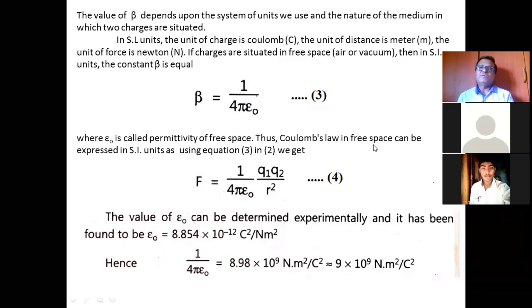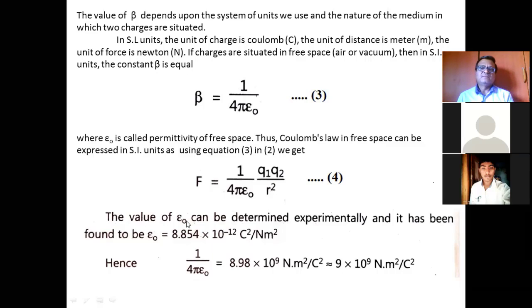Thus Coulomb's law in free space can be expressed in the SI system of units using equations 2 and 3, that is F is equal to 1 upon 4 pi epsilon 0 q1 q2 upon r square. This value is calculated using constants: 4 is constant, pi is constant, and epsilon 0 is also constant.